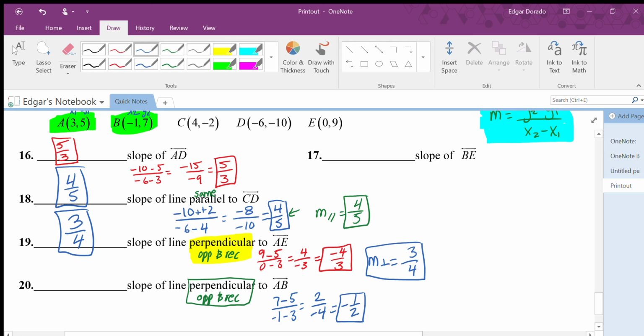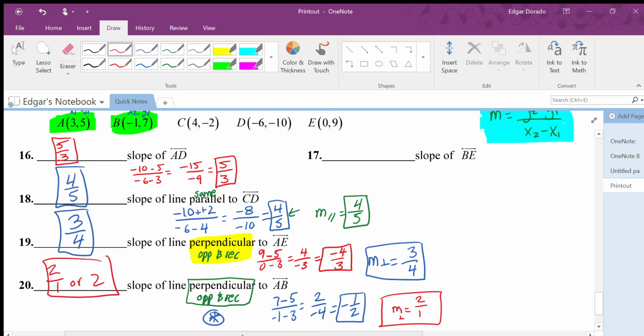Now, that's not quite it because we want something that is opposite and reciprocal. So opposite of negative 1/2 is a positive 1/2, but the reciprocal would be a 2 over 1. So my perpendicular slope here is 2 over 1, or if you just wrote 2, that'd be fine. It's just that you'll notice I keep them as fractions.